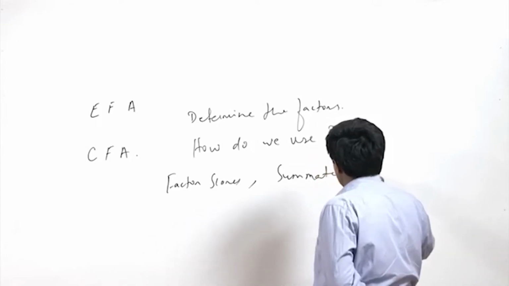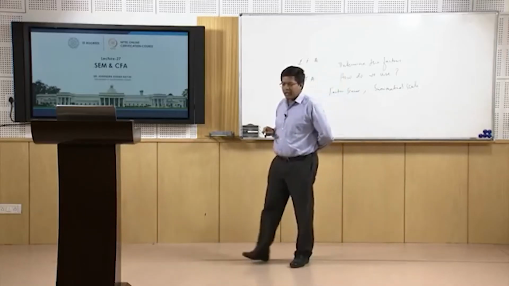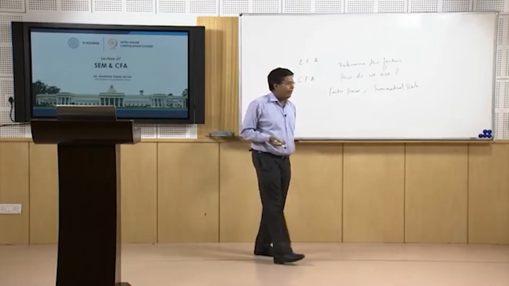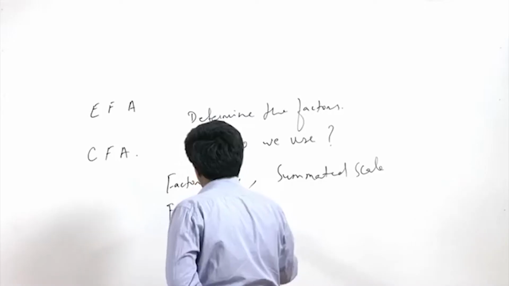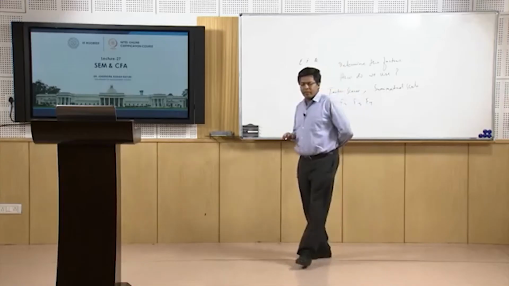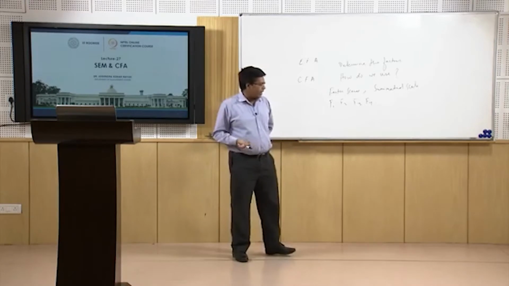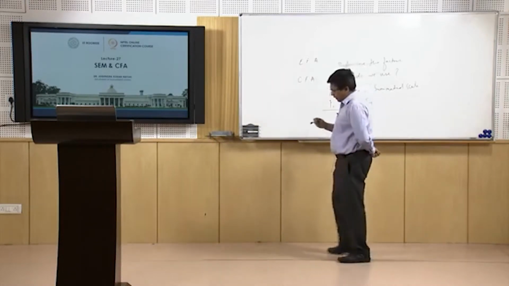With the help of factor scores or the summated scale method, we can use the values derived from each factor. Let us say there are 4 factors F1, F2, F3, F4; we treat them as variables and use them for some kind of predictive modeling, like multiple regression. So, that is basically what we had discussed.